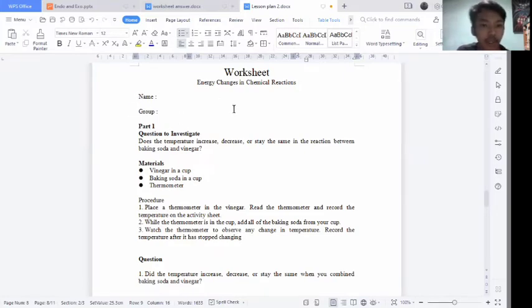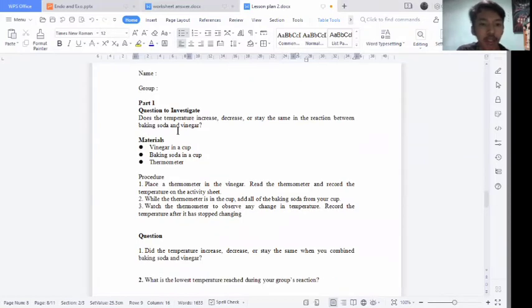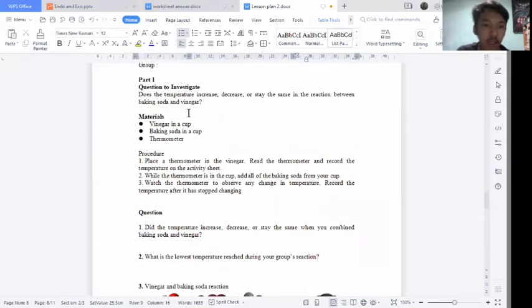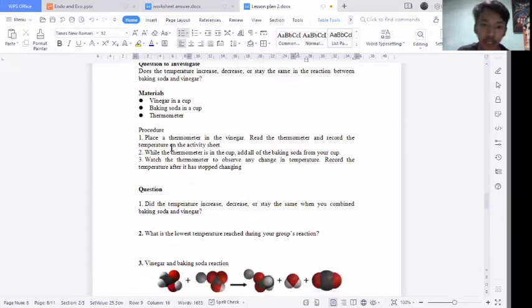Part one is the question to investigate: does the temperature increase, decrease, or stay the same in the reaction between baking soda and vinegar? The materials in this experiment are vinegar in a cup, baking soda in a cup, and a thermometer.